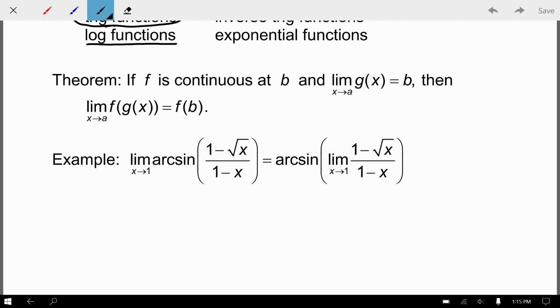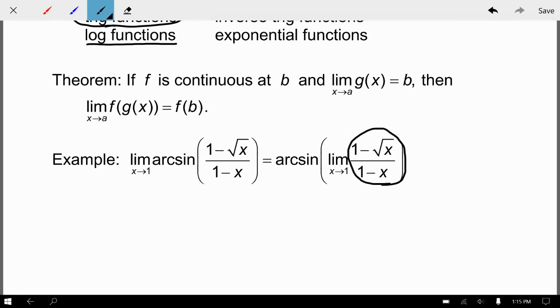We're taking the limit of arc sine, or inverse sine, of 1 minus root x over 1 minus x. Well, taking the limit as x approaches 1 of arc sine, that's something I can't really do very easily. But if I were to take the limit of 1 minus root x over 1 minus x, that's something that we can do. We'd multiply by the conjugate, and then we could go through and find that limit.